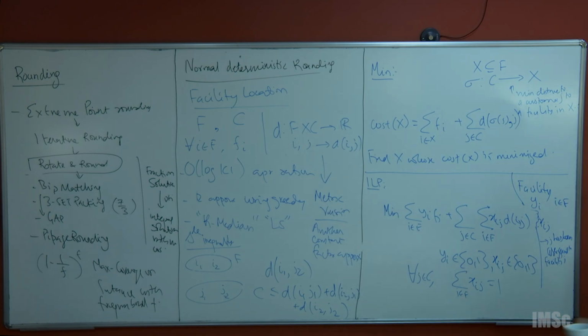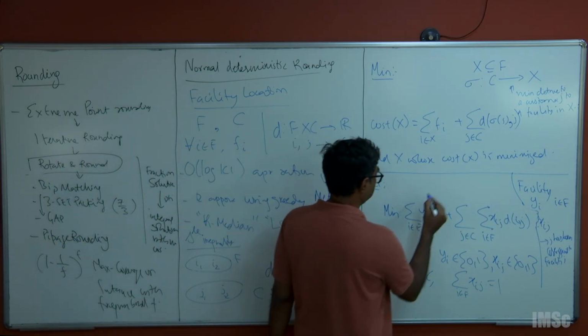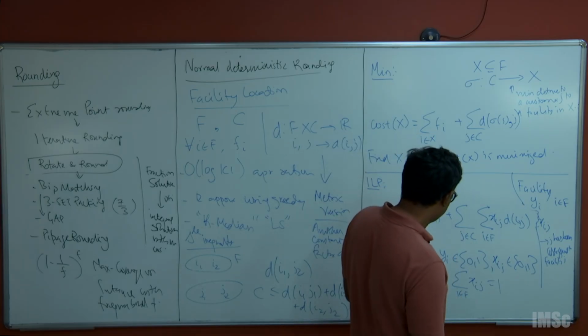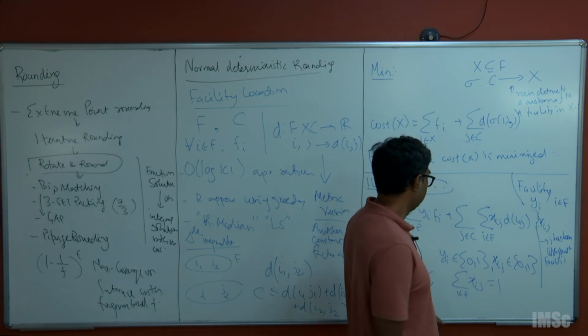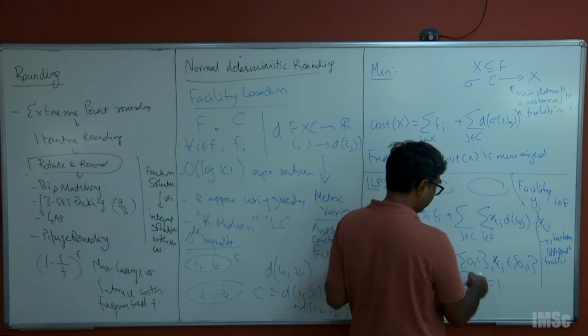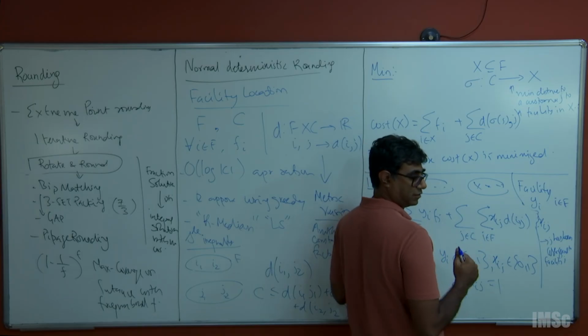Okay. So for example, the problem is that maybe some set of facilities are open, but the Xij's, so this is the set of facilities that I decide to open, but these Xij's are one for some different facility. So what is the solution?